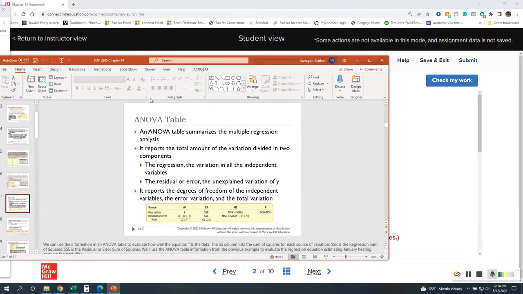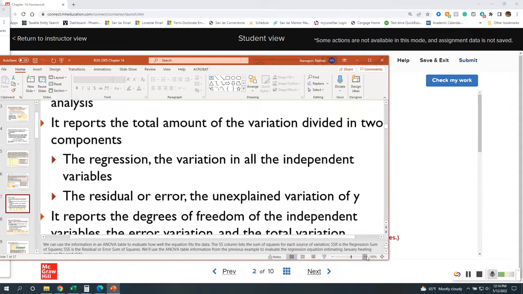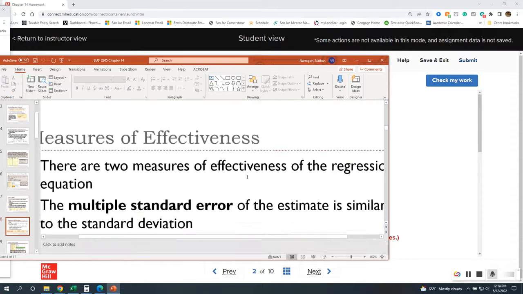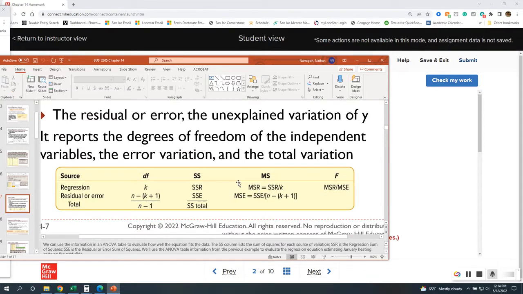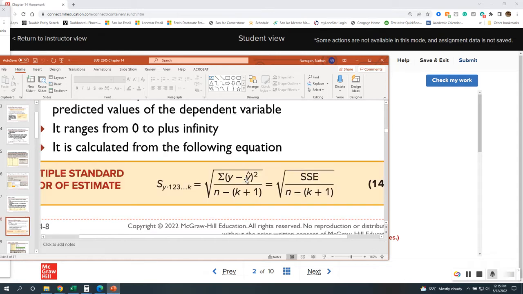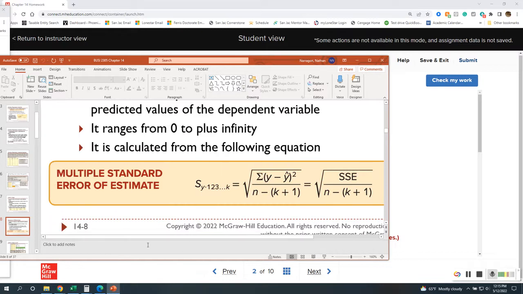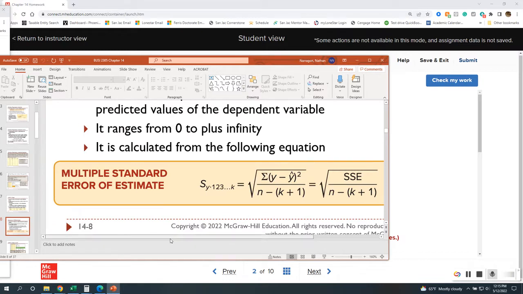So here's our ANOVA table. And it needs to be bigger because y'all can't see anything. Sorry. Well, so here is our table in itself. And then here's this multiple standard error of estimate.